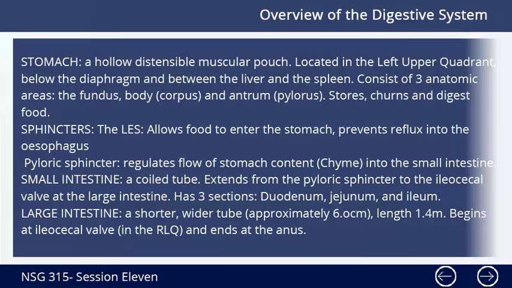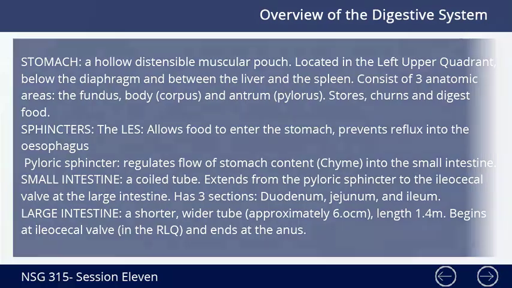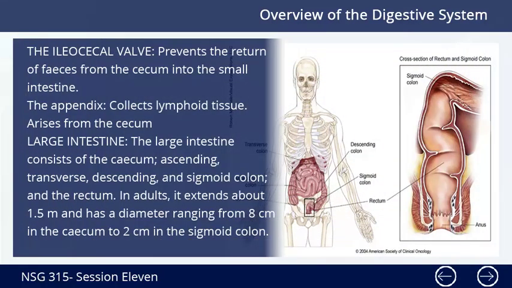It begins at the ileocecal valve and ends at the anus. The ileocecal valve prevents the return of feces from the cecum into the small intestine. The appendix collects lymphoid tissues arising from the cecum.